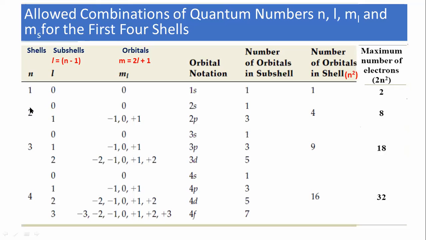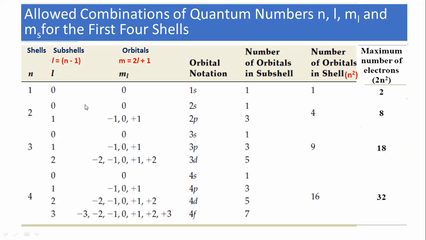When we move to the next shell, that is the L shell, the value of n is 2. I'm not going to repeat all these steps again because we have discussed them in detail in the previous lecture. So here the angular quantum number would be the value of 1, and you have to proceed to 0.